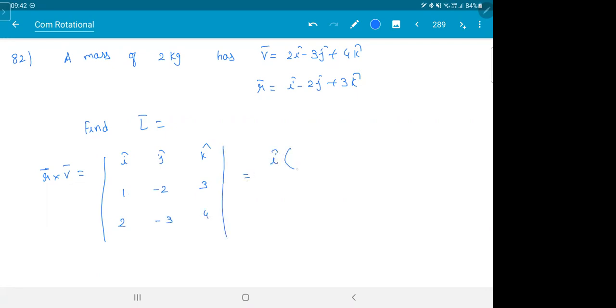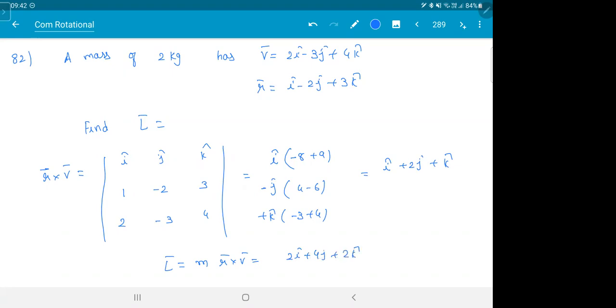I hope everyone knows how to do the cross product. i into minus 8 plus 9, minus j into 4 minus 6, minus 3 plus 4. i cap plus 2j cap plus k cap. This is R cross V. The angular momentum will be M into R cross V. M is 2. So 2i plus 4j plus 2k. Got this? Any doubts on this? Next thing.